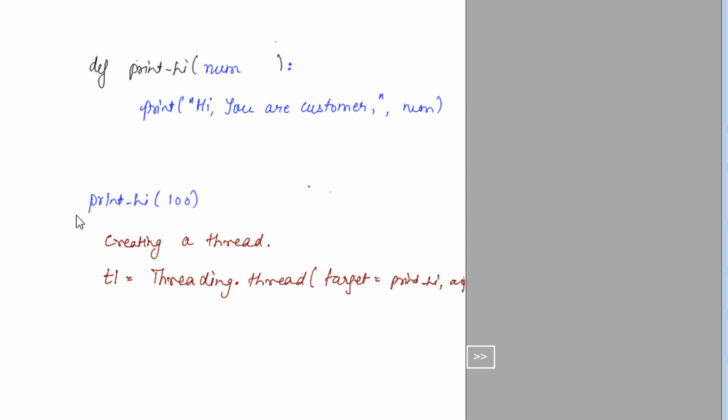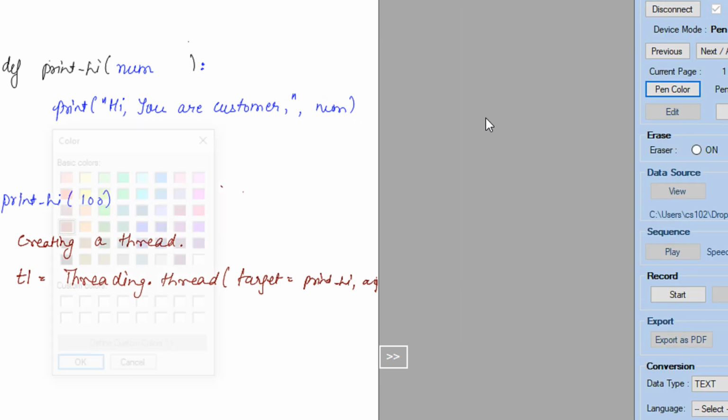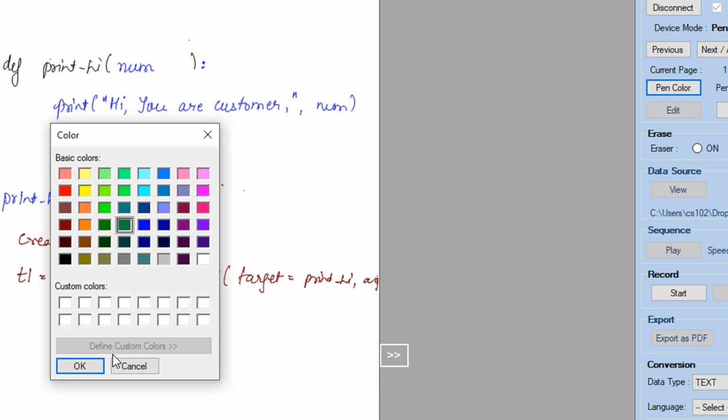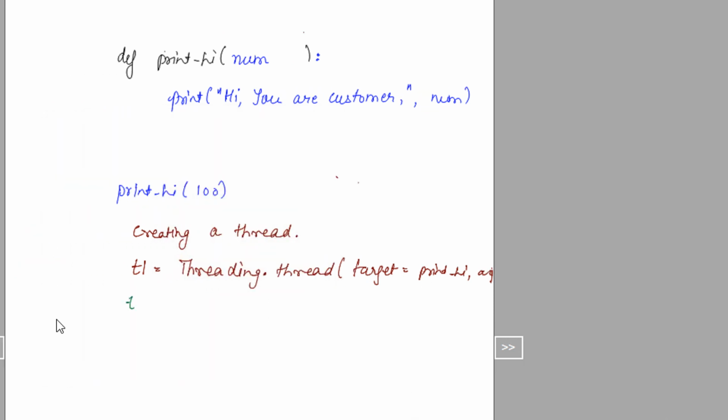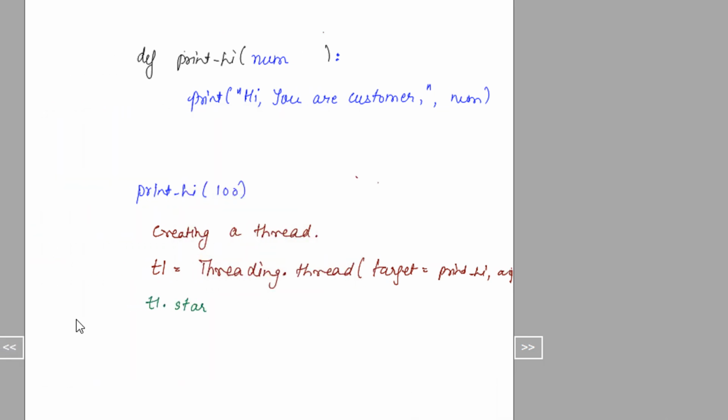After creating the thread, you are basically saying T1 dot start. So now when you do T1 dot start, you basically go to this particular point. I am writing this as step 1. Now this is no longer sequential. This was a sequential thing, we already saw.